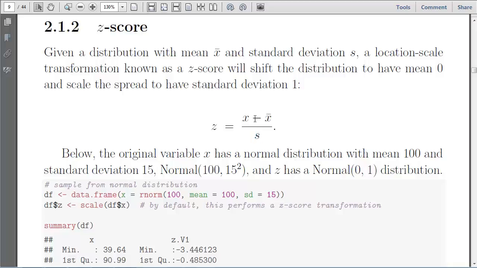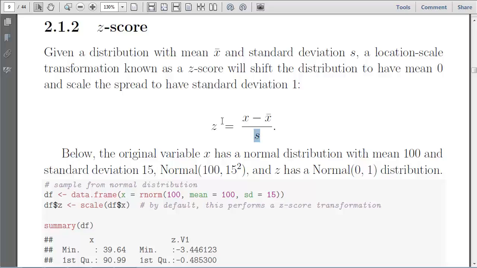What this does is, regardless of what the distribution is of x, our random variable in this case, whatever that distribution is, it has a certain mean, x bar, and standard deviation, s. Well, if you subtract the mean and divide by s, if you do a location scale transformation, this z will have exactly the same shape as the distribution for x, except the mean will be equal to 0 and the standard deviation will be equal to 1.